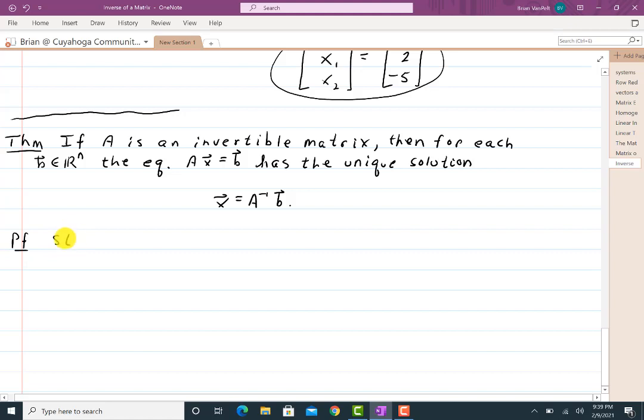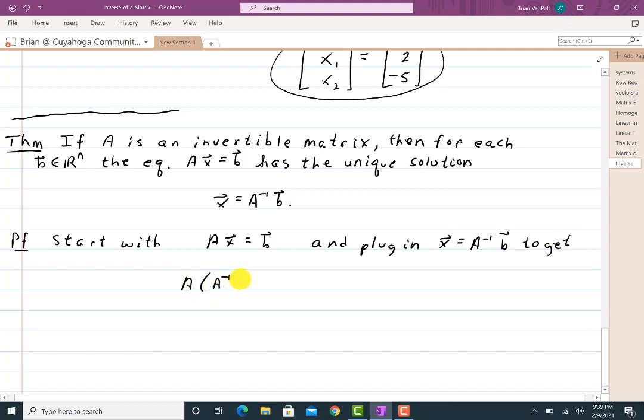So start with AX equals B and plug in X equals A inverse B to get A times A inverse B. And then I can go ahead and use associativity to write my next step.